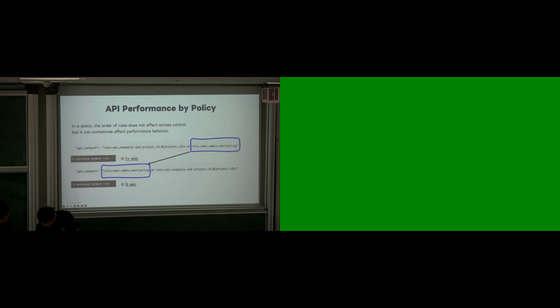Any questions? Okay, go ahead. The performance improvement you saw by reversing the order of the elements in your permission to look up list networking, right? Maybe you're talking about this one?